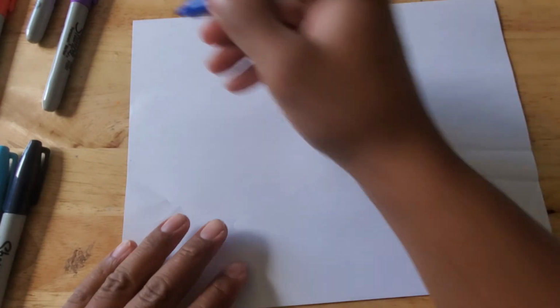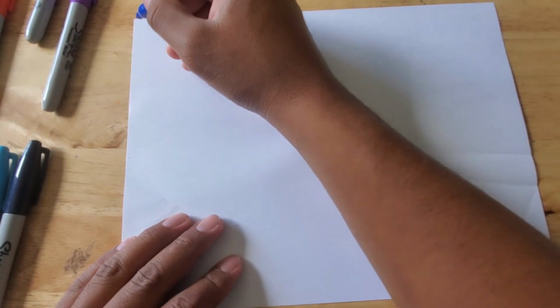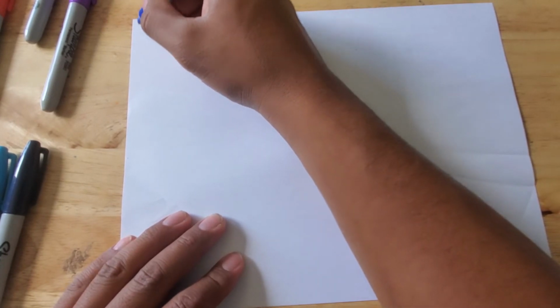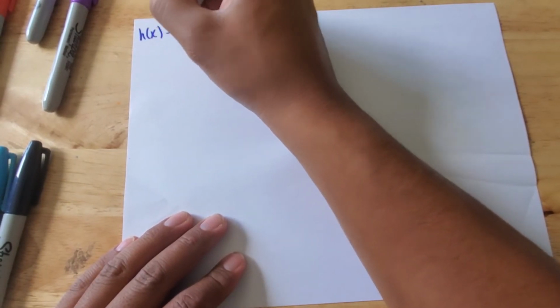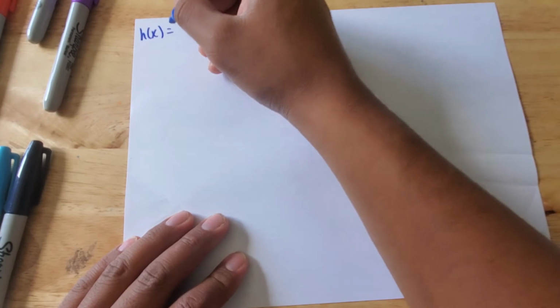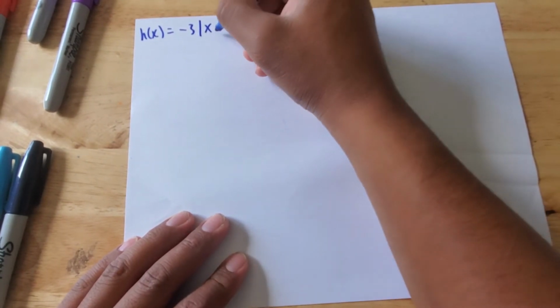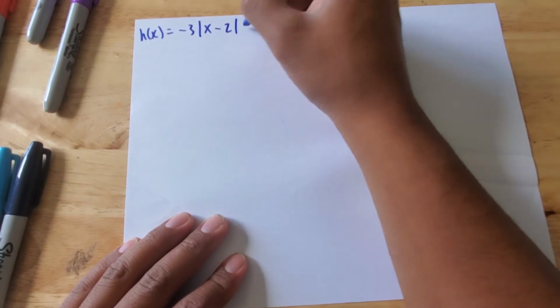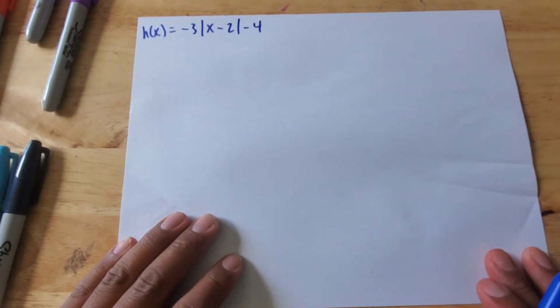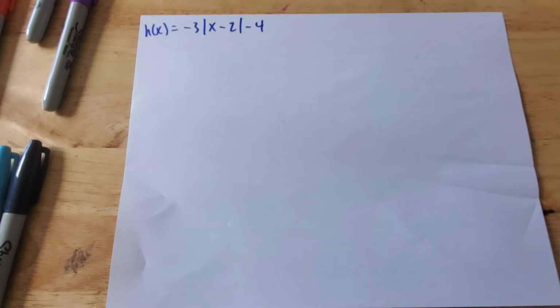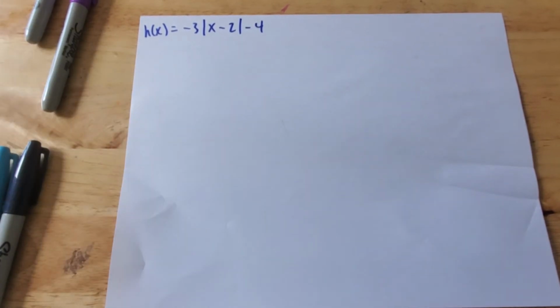So now let's work with, let's say h of x is equal to, now we have negative 3 times the absolute value of x minus 2, minus 4. So again, we're still going to go through the normal steps. So the first step was to identify.